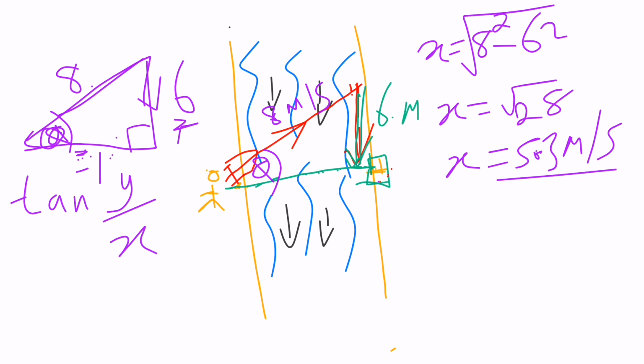I can say 5.3 meters per second because we are dealing with velocity. If they asked us to find the velocity of the boat relative to the town, we can say it's 5.3, which you have found here.